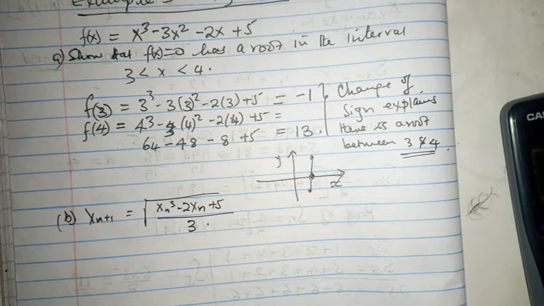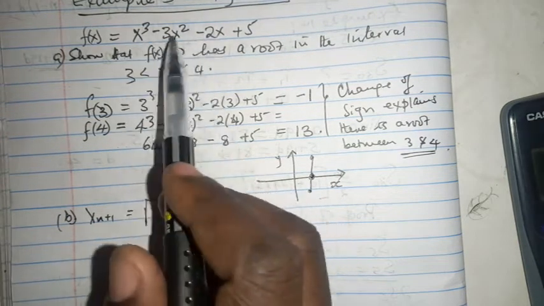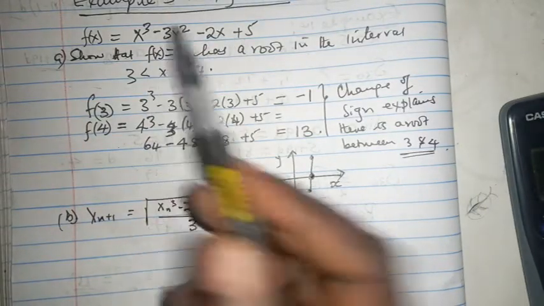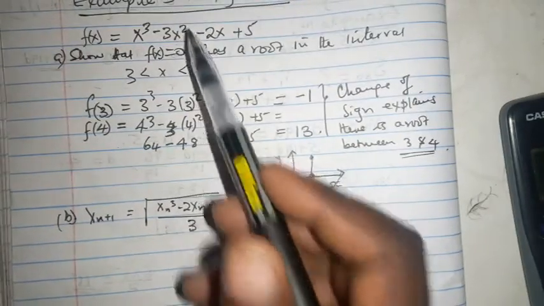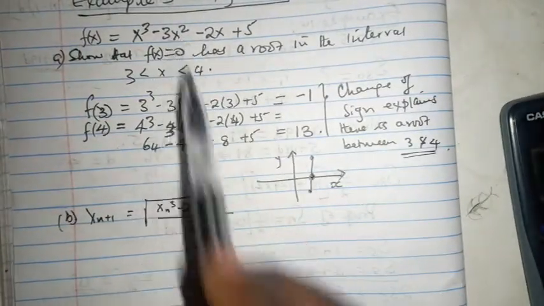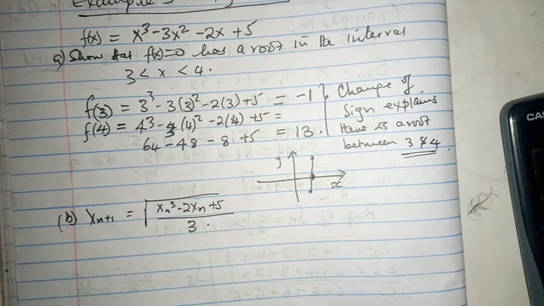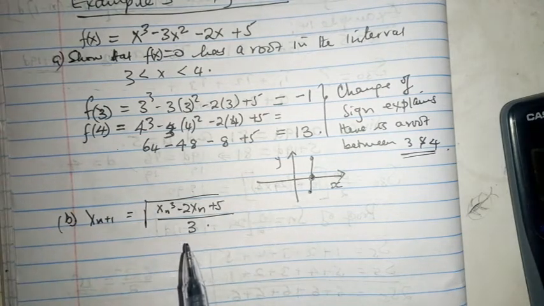It goes without saying that this iterative formula has been derived from the equation by making 3x squared the subject, because there's a square root and a division by 3. So one of these x's has been made the subject of the formula.